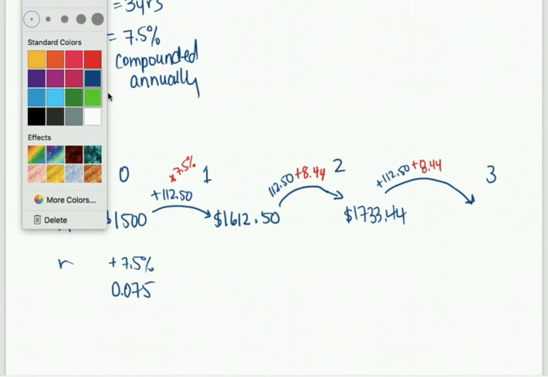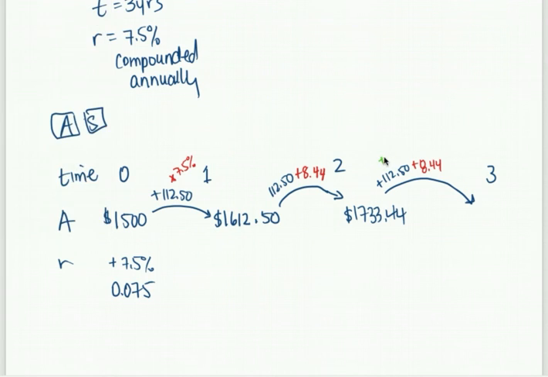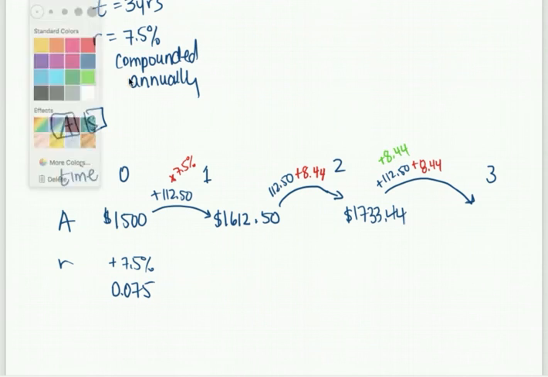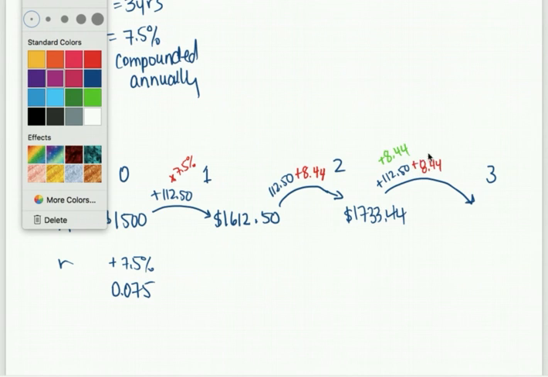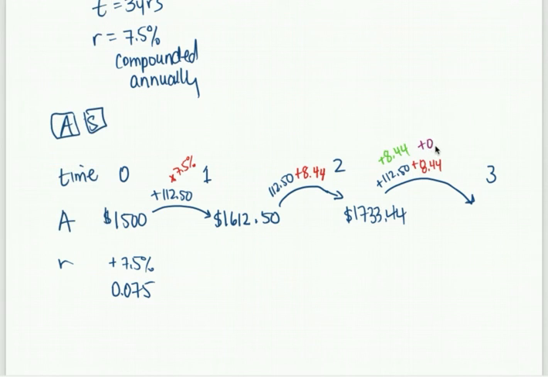So if I do that, I'll get another 8.44 here. Okay, and then if I take the interest on this one here, that'll be 0.63. Okay, so now we're taking all of those and adding it to our previous amount.